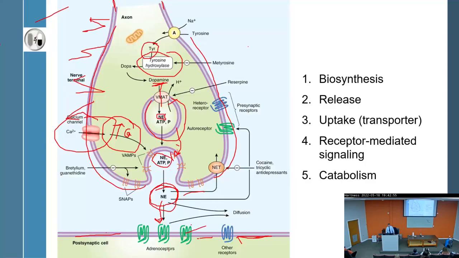Okay, so you have the receptors, right? And in this case, because we're talking about adrenergics, they are called adrenergic because they are synthesized in the adrenal gland. Okay, that's what you will say about adrenergic. That name refers to catecholamines that are synthesized in the adrenal.